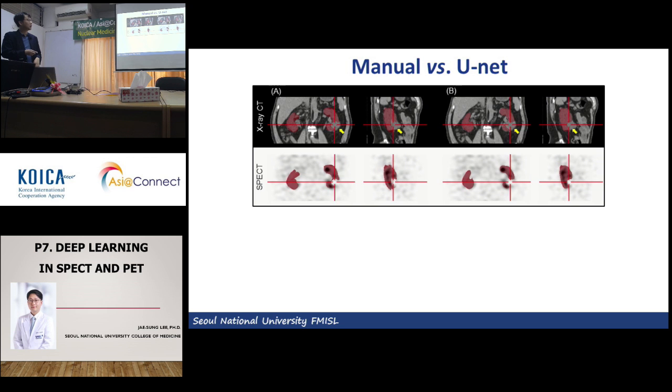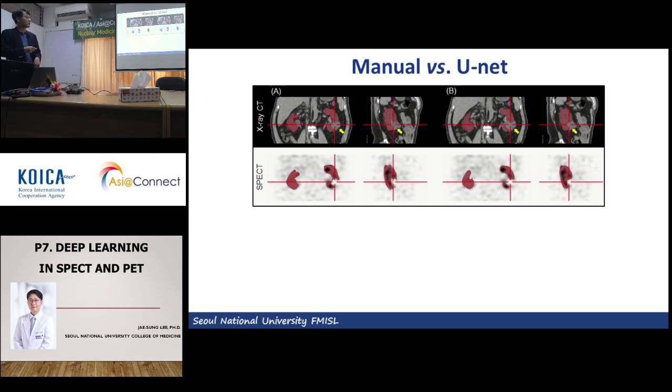So actually, this patient has, I think, a tumor where the cyst was. Maybe I think it was a cyst.